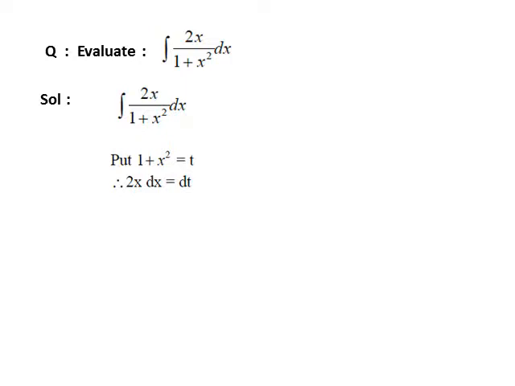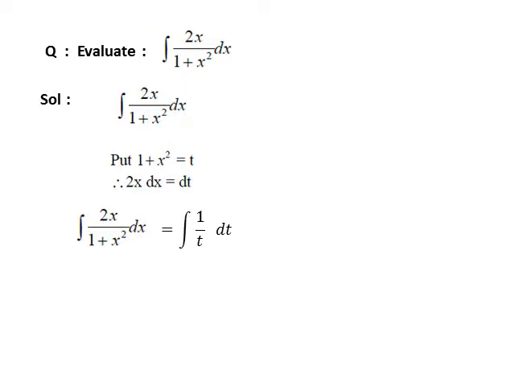Now, in this integration, 1 plus x square is replaced by t and 2x dx with dt. So, we get integral of 2x upon 1 plus x square with respect to x equals integral of 1 by t with respect to t. Now, as we know, integral of 1 by x dx equals log mod x plus c.